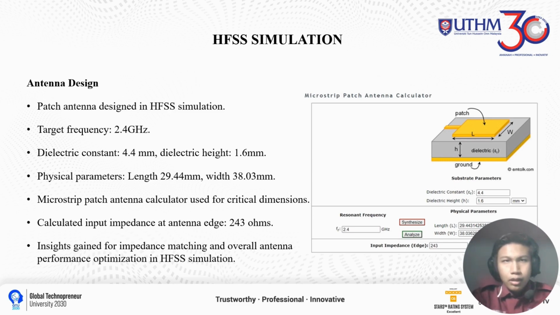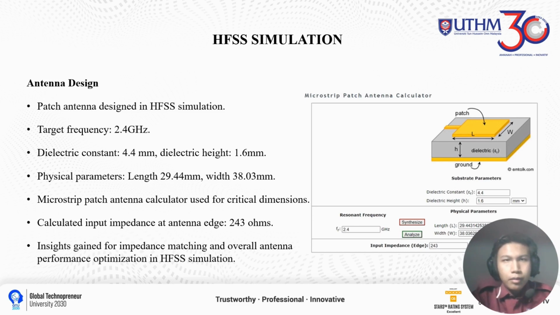For the antenna design, we have a target frequency of 2.4 gigahertz. The dielectric constant is 4.4, and the dielectric height is 1.6 millimeter.